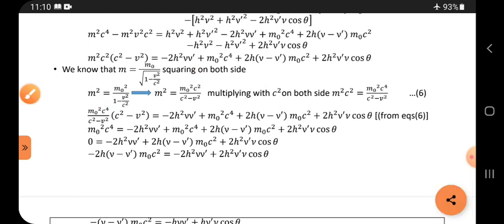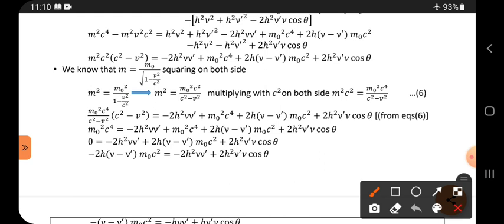So multiplying with c square on both sides, we get c power 4. Now see here, m square c square can be replaced with this one. So in the place of this it is substituted here, and the remaining are all the same.